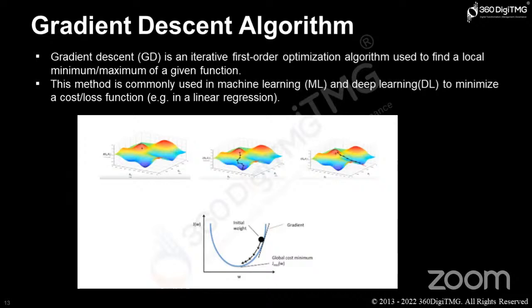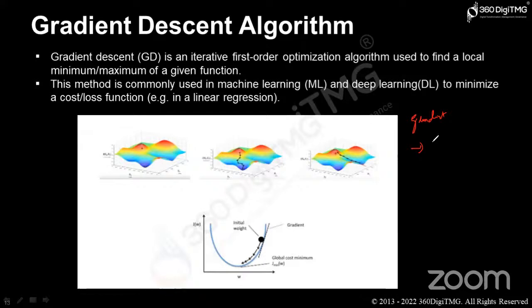So what is a gradient? A gradient measures how much the output of a function changes if you change the inputs a little bit.